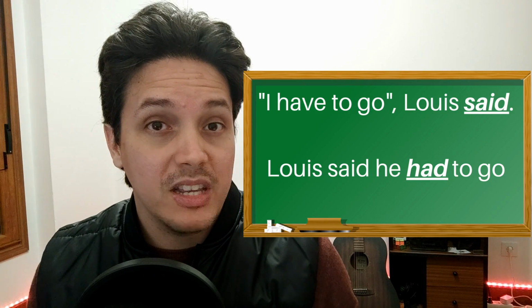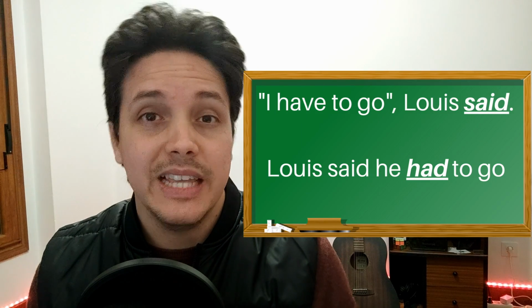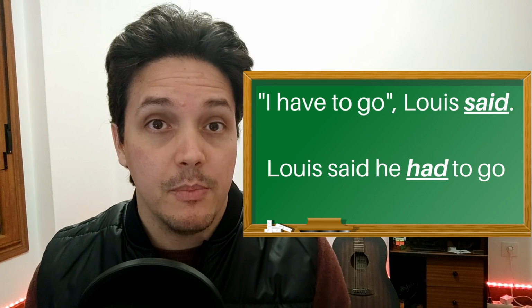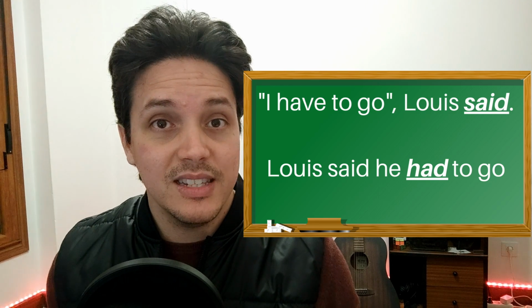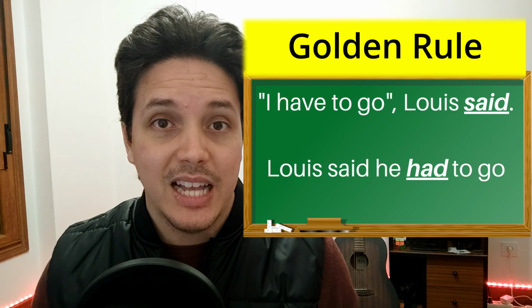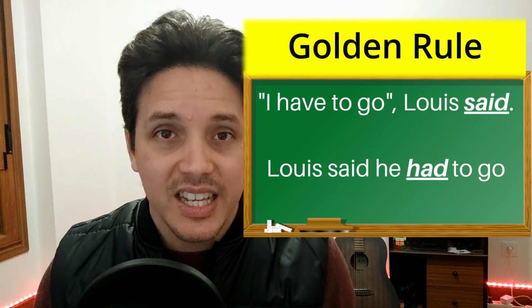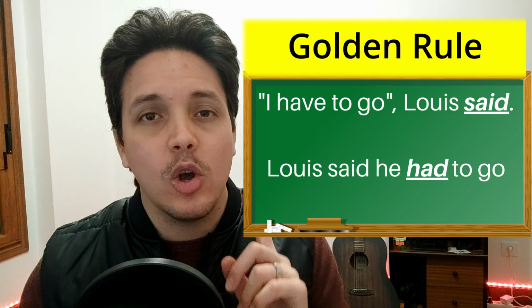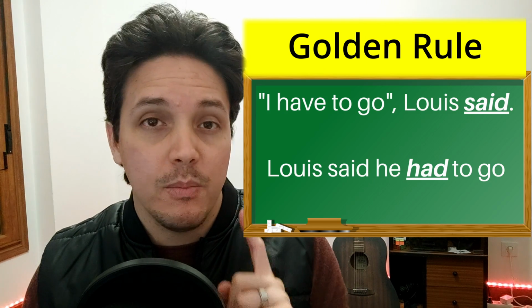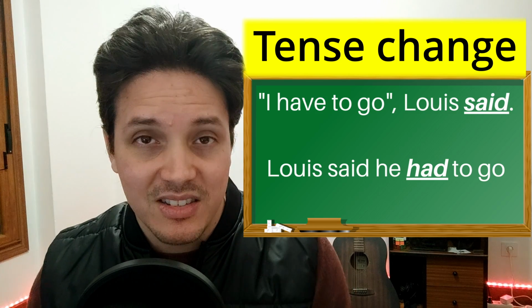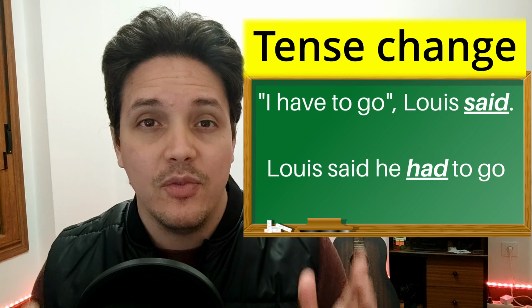Now, if we report in the past, then we have to adjust the sentence. If the report is Luis said, then you have to make a tense change and you have to go back one tense. And that is the golden rule in reported speech. If you have to change the tenses, you always have to go back one tense.